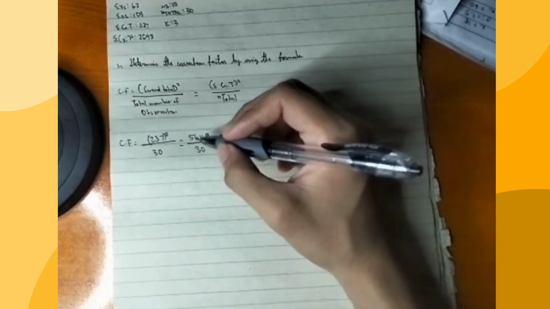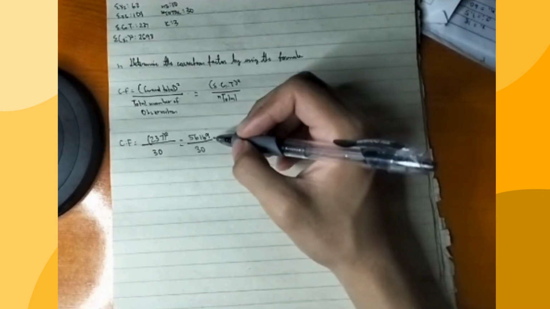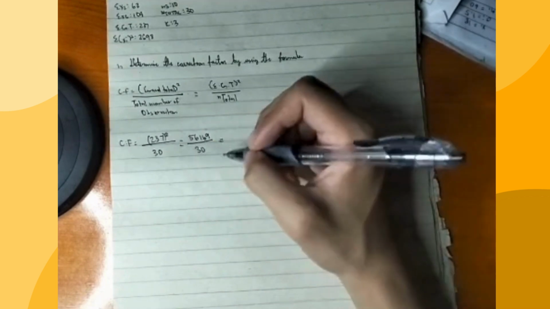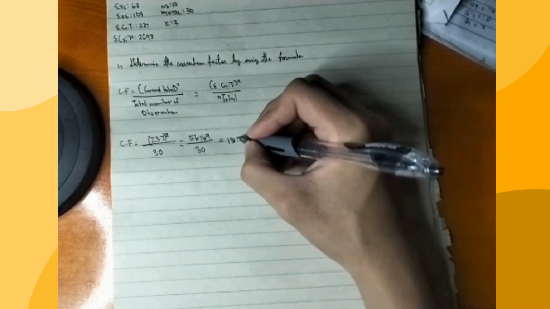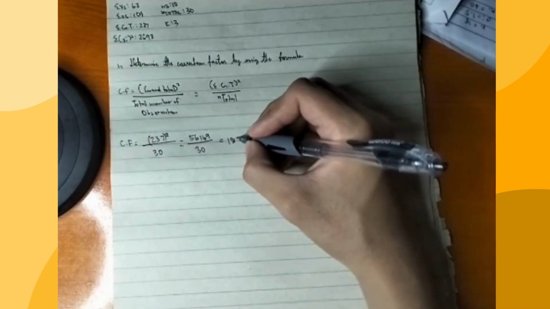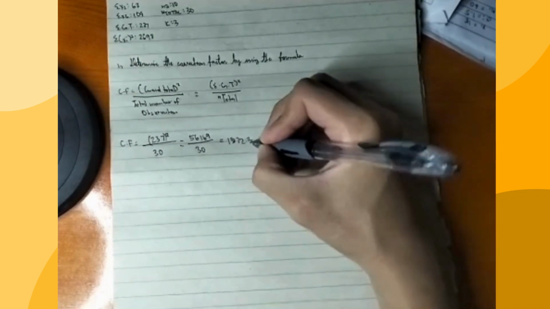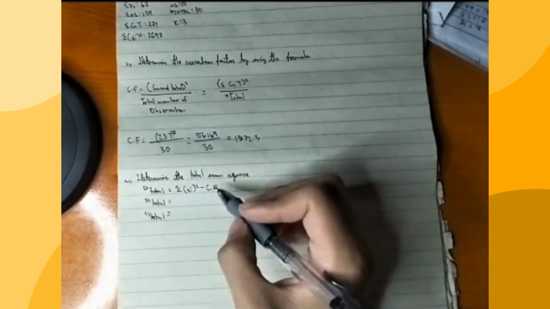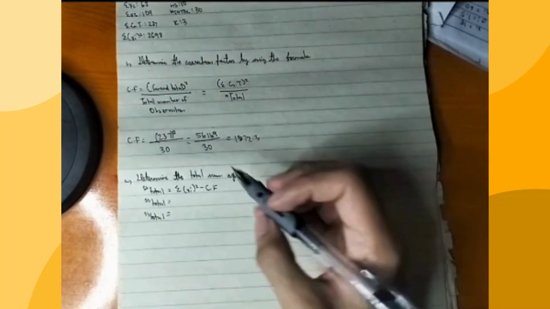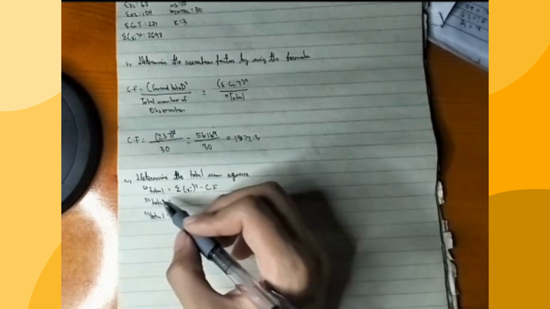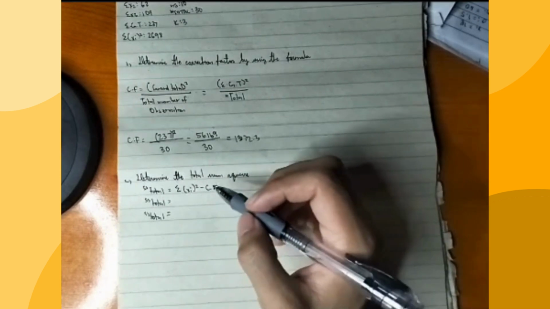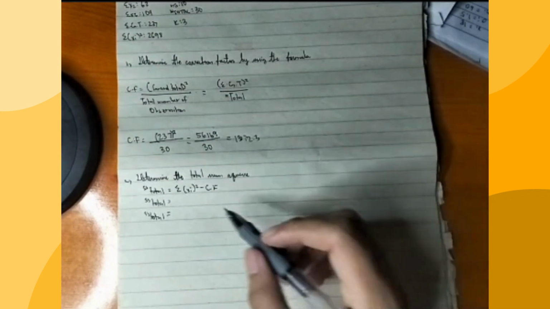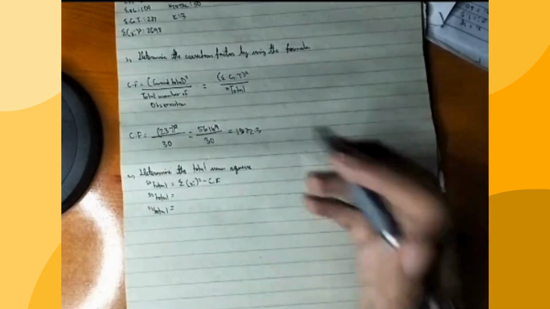So 56,169 divided by 30 is equal to 1,872.3. Next step is to determine the total sum of squares. So here's the formula: SS total equals the summation of xi squared minus CF, or the correction factor.